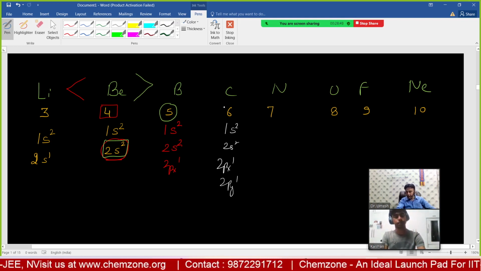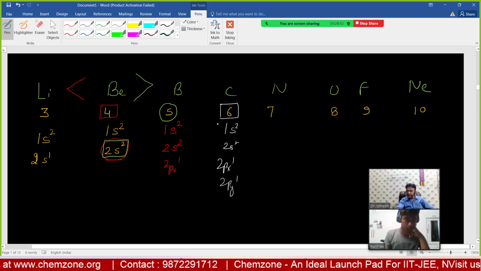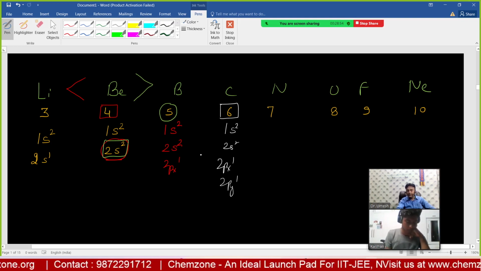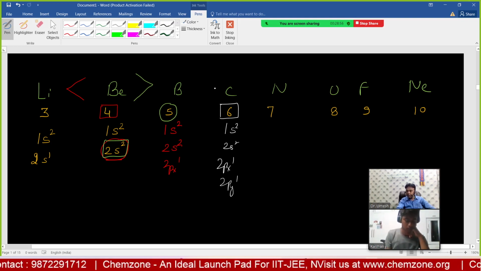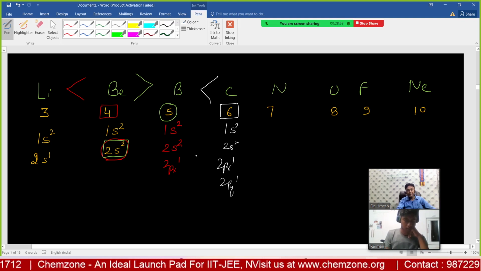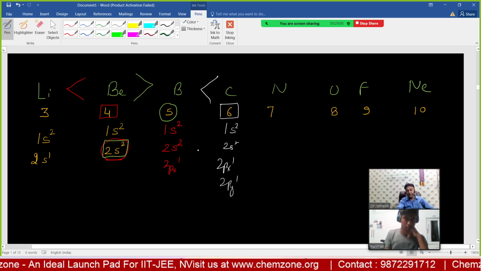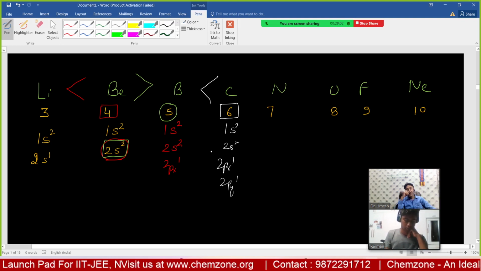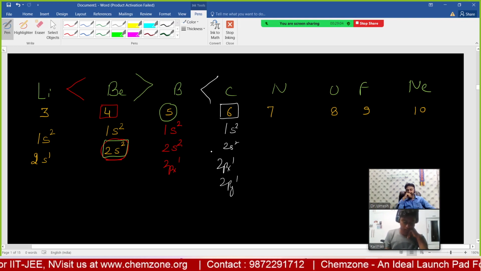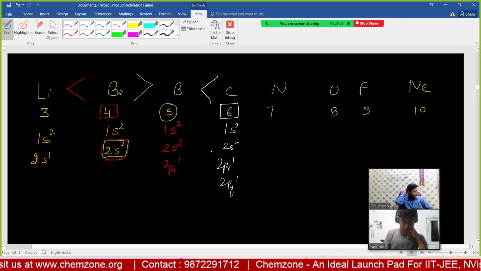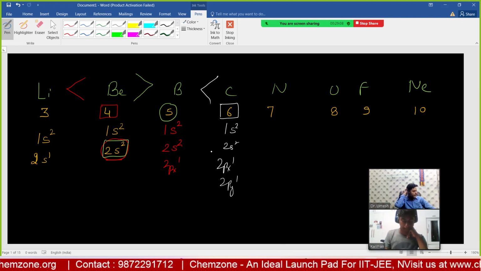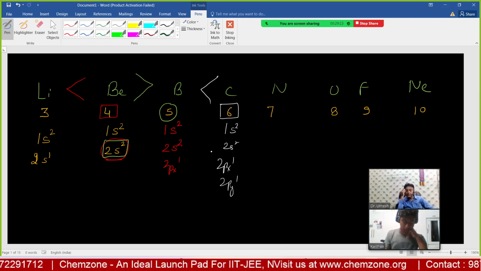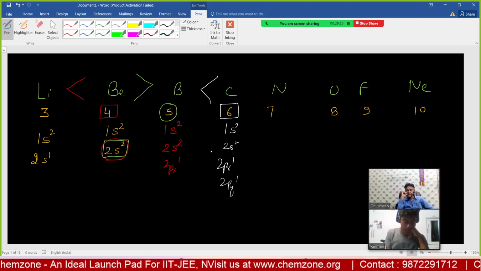So now we will see the nuclear charge. The more the nuclear charge, the more the enthalpy of ionization. Am I clear?